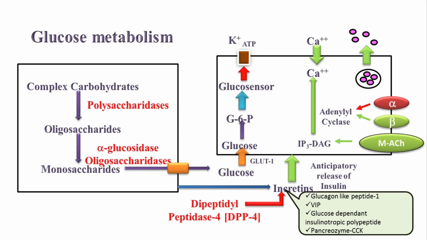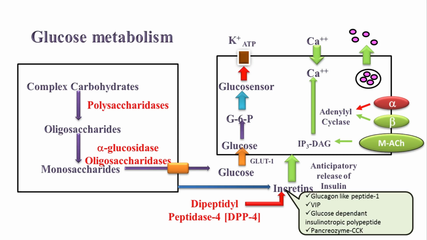When the potassium ATP channel is blocked, the efflux of potassium stops. Efflux is potassium getting out. If potassium went out, the interior would have become negative. But now, because of the blockade of the potassium ATP channel, potassium stays inside. This leads to partial depolarization. That partial depolarization opens the voltage-gated calcium channel. Calcium comes into the cell, and when calcium comes in, insulin vesicles are released, and the insulin levels in the blood start to rise.